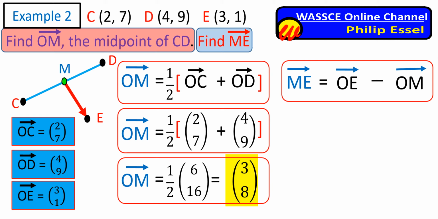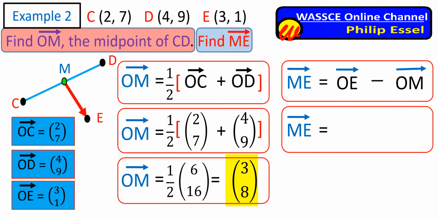So all we need to do is to substitute this equation with the vectors given to us from the question to arrive at the vector ME. So our vector ME will be equal to the vector OE, which is (3, 1). Then our minus sign, we would then bring our vector OM, which is (3, 8).